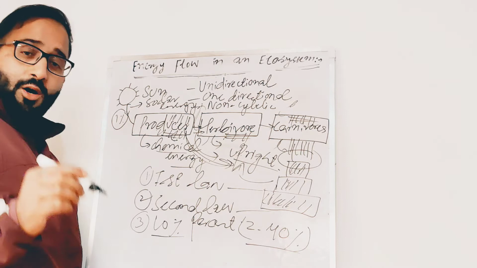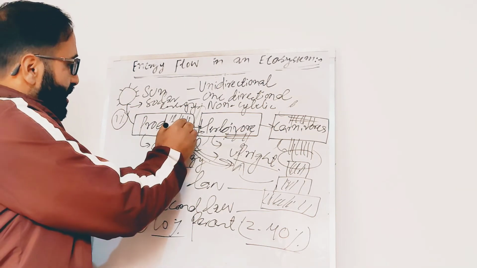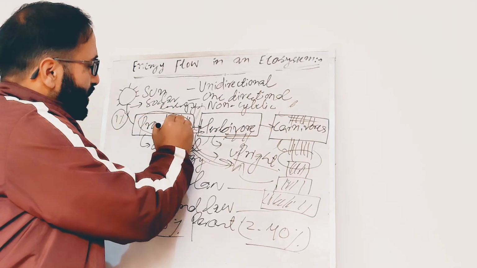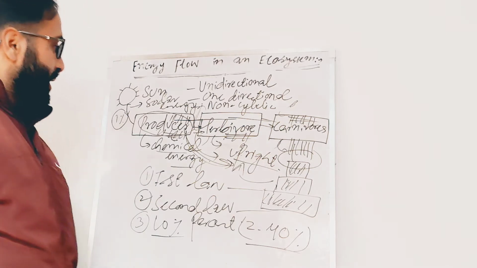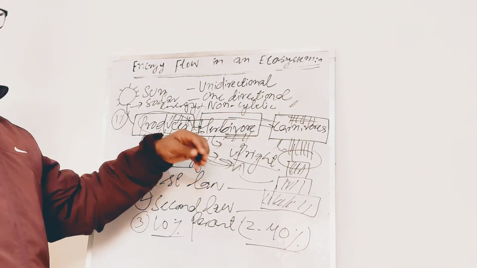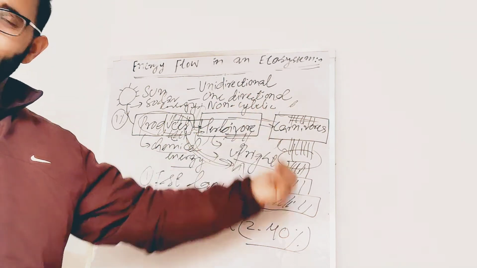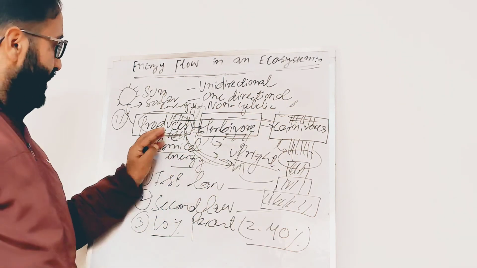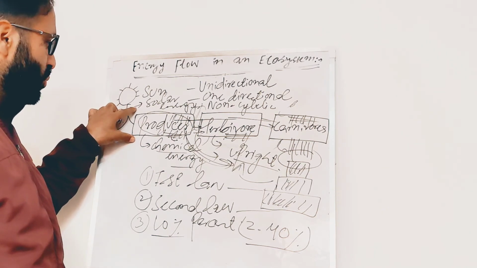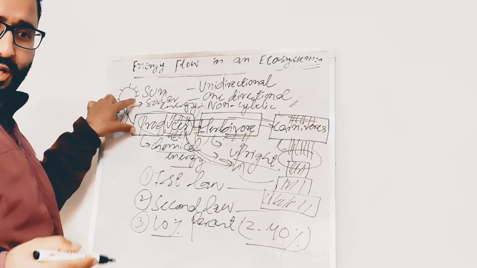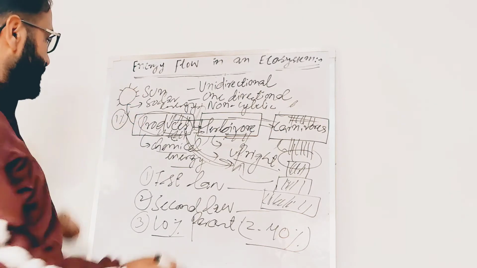Now listen, ocean ecosystems. In the ocean ecosystem, the maximum amount of energy is transferred via this type of food chain, where producers are eaten up by primary consumers, and they are eaten up by secondary consumers, because the decomposition is very less, or the organic matter which is left to die and decay is very less.